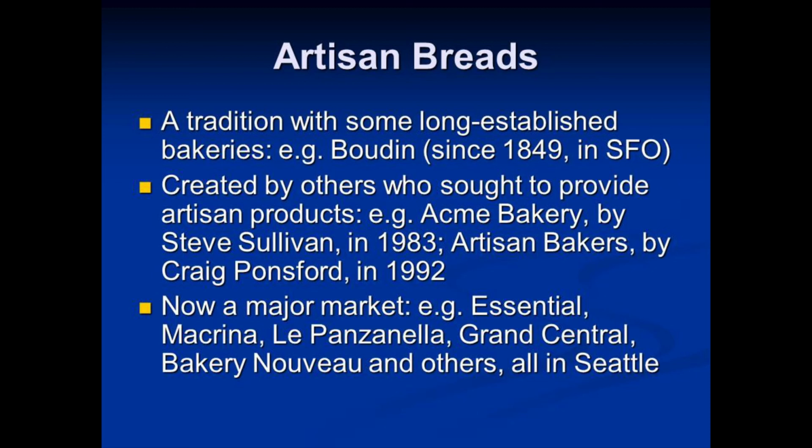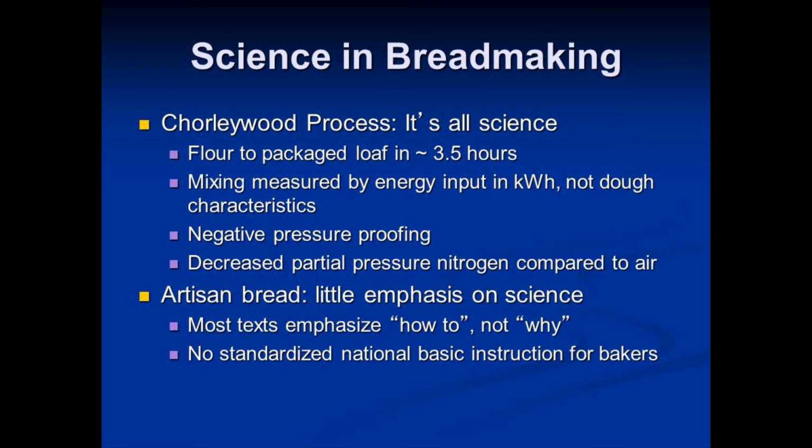In the Seattle area where I'm from, we have a number of great bakeries. San Francisco has great bakeries. New York now has great bakeries, all making really good bread. Next slide, please.